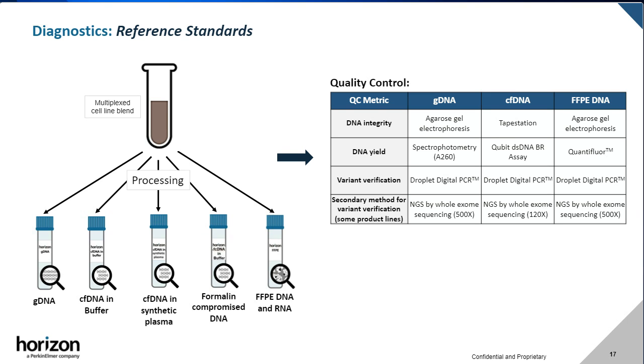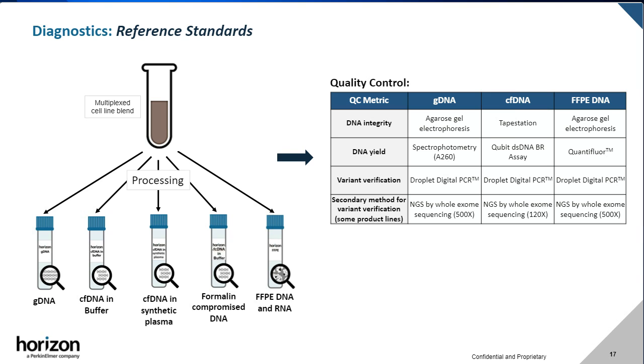Variant verification is performed using droplet digital PCR to confirm that each of these reference formats contain the desired genetic variants at the expected allele frequencies or abundance.